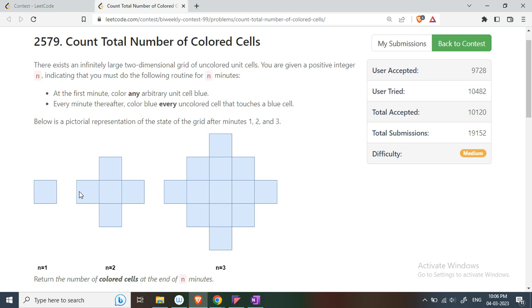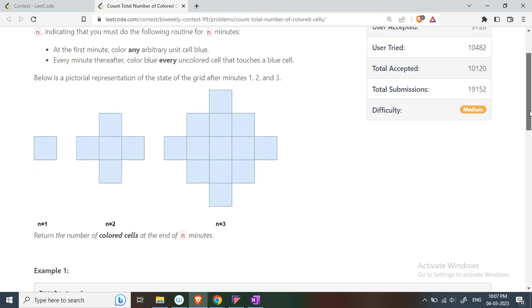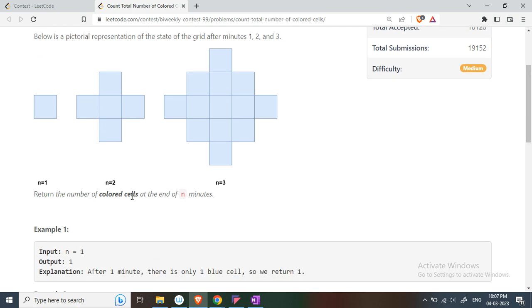I will explain more clearly on my board. In the third case, after coloring all the adjacents in this figure, the resulting figure is this. So what we have to return is the number of colored cells at the end of n minutes.